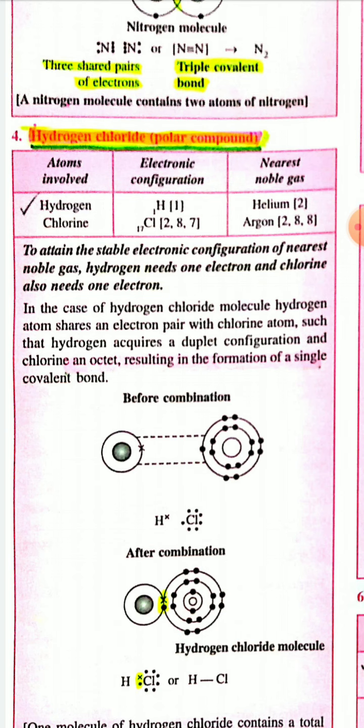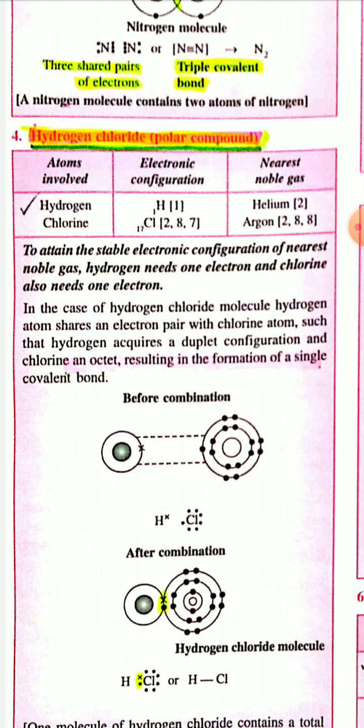Hydrogen needs one electron and chlorine needs one electron. In the hydrogen chloride molecule, hydrogen and chlorine atoms share an electron pair.